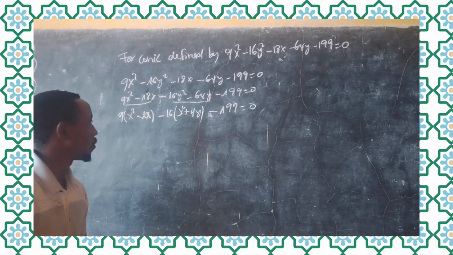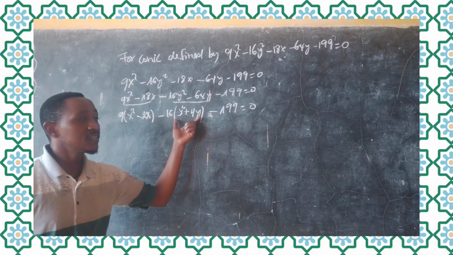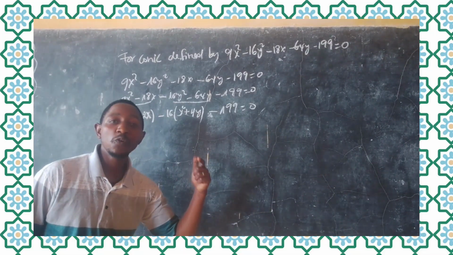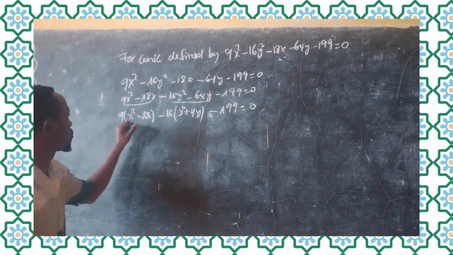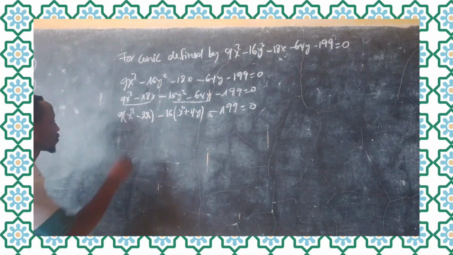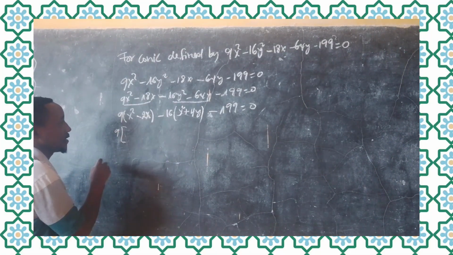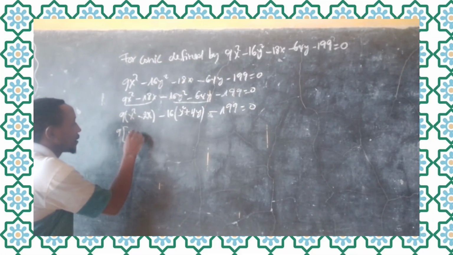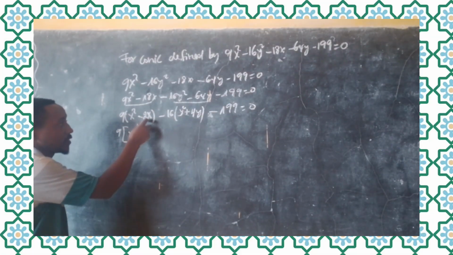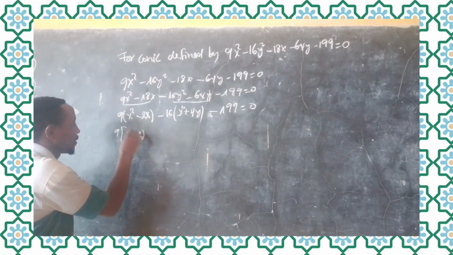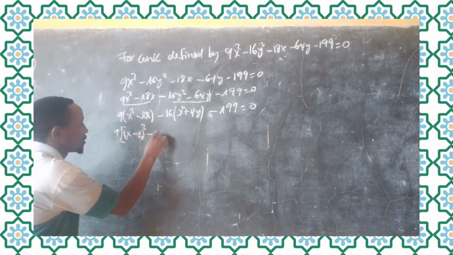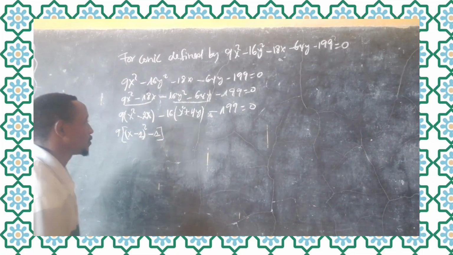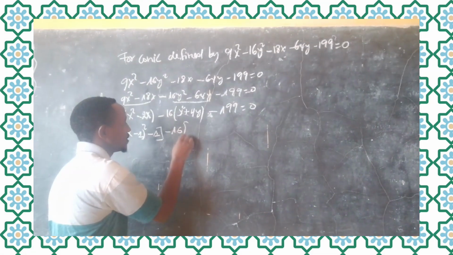By using the binomial expression, we solve this: it is equal to 9 bracket x minus 1, because we take this divided by 2, it is equal to 1, power 2, minus 1, so then minus 16.